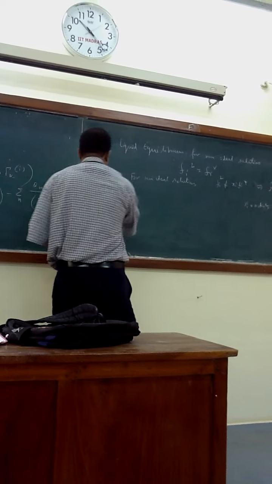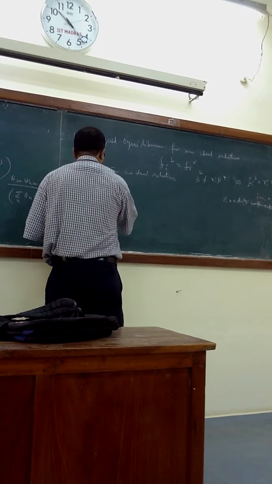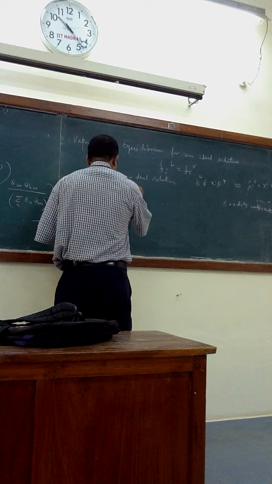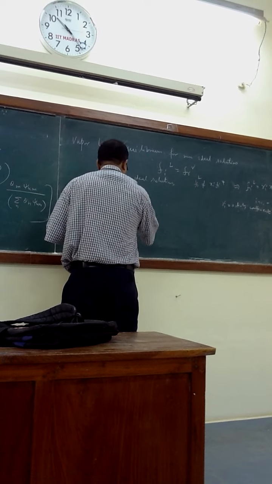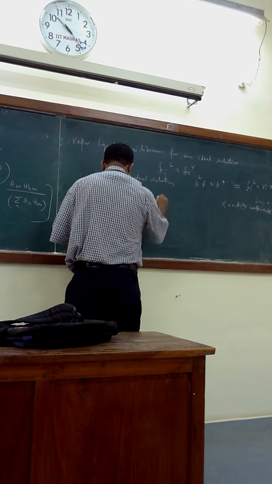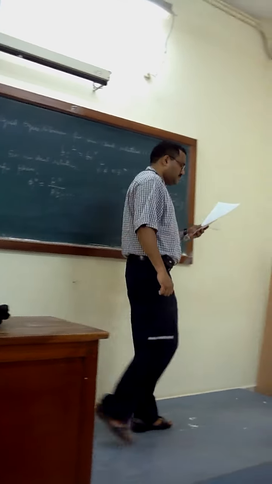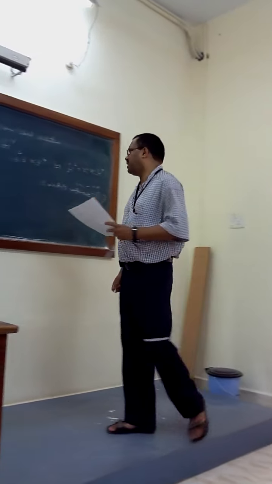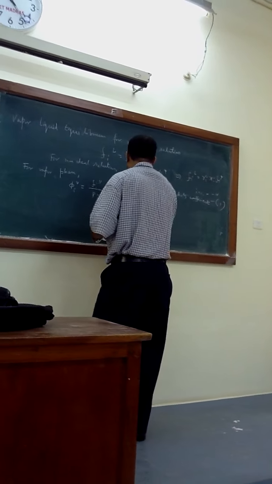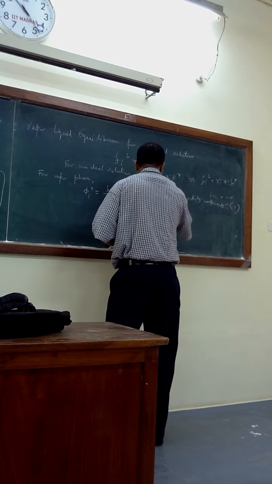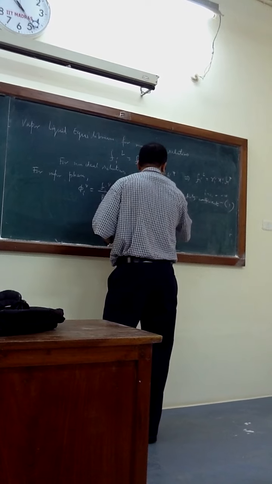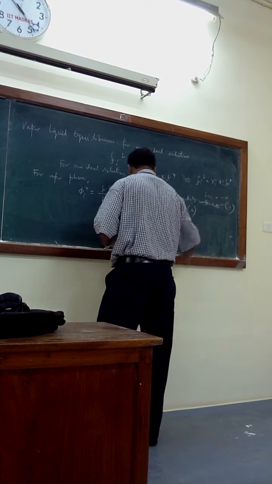For the vapor phase, we have phi_i^V equals f_i^V by P y_i. That's the definition of the fugacity coefficient. And we can write this as f_i^V equals phi_i^V P y_i, equation number 2.